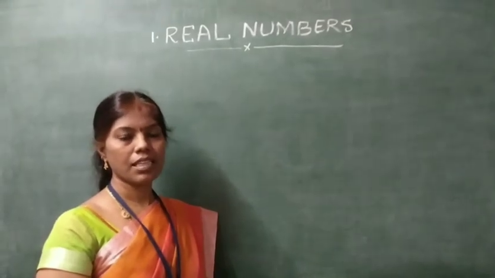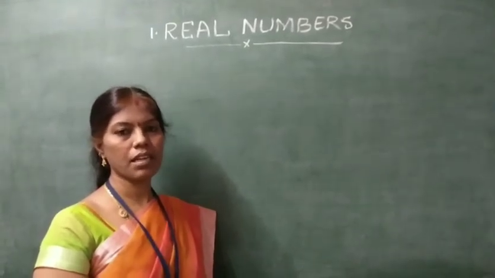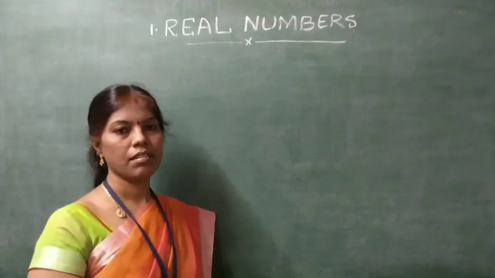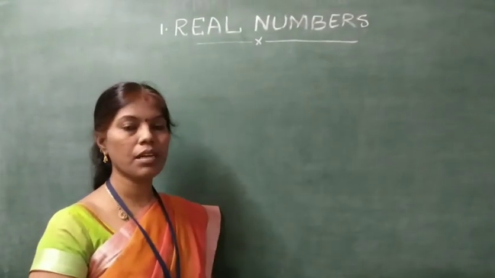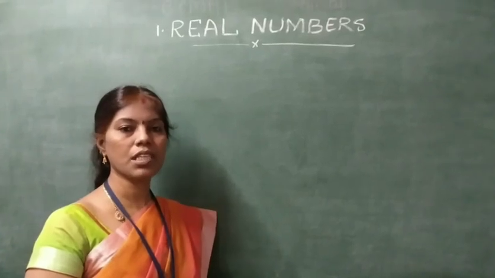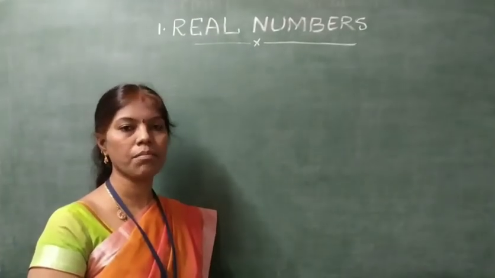In earlier classes, we learned about rational numbers and irrational numbers in detail. Real numbers are those numbers, the set which consists of rational and irrational numbers.